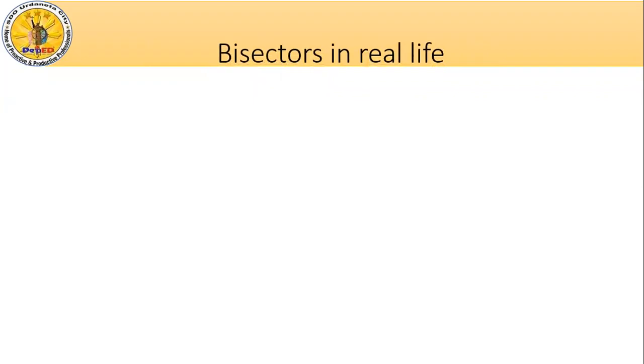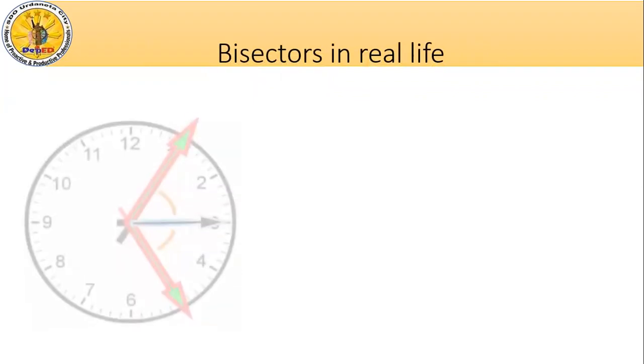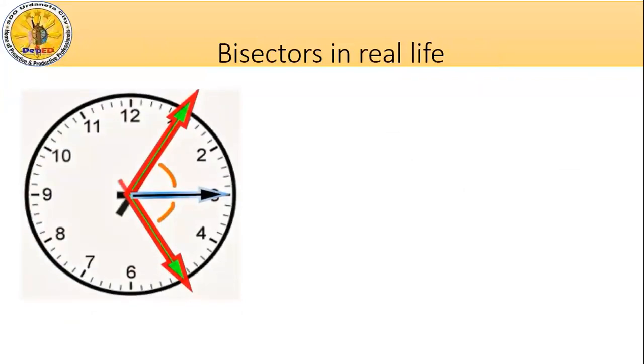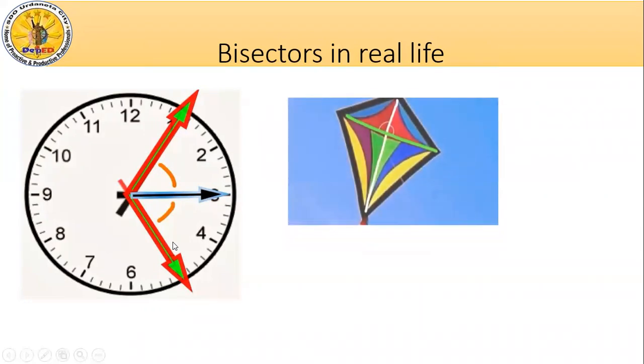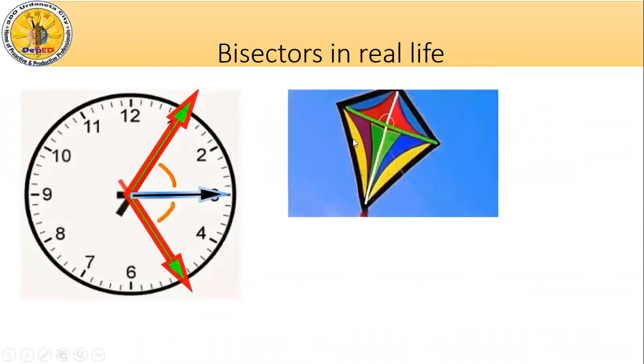Here are some bisectors in real life. The clock. As you can see in the picture, the second hand bisects the minute hand and the hour hand. The kite.